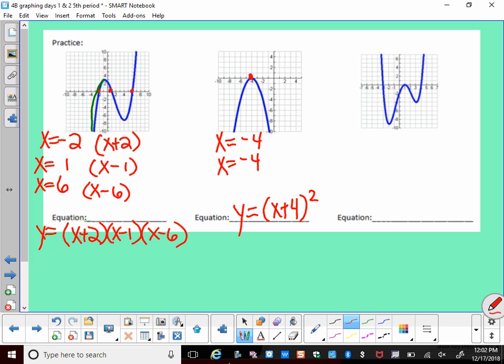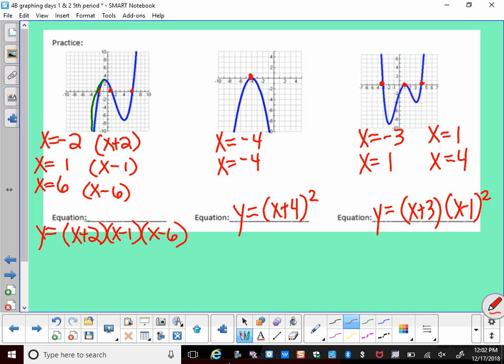The last thing, looks like I have 3, but I know that middle one is a double root. So I have x equals negative 3, x equals 1, x equals 1, x equals 4. All right, so we have y equals x plus 3, x minus 1 squared, and then x minus 4.